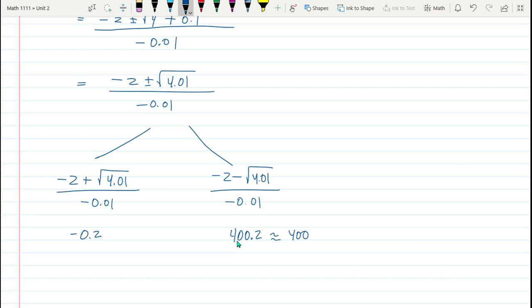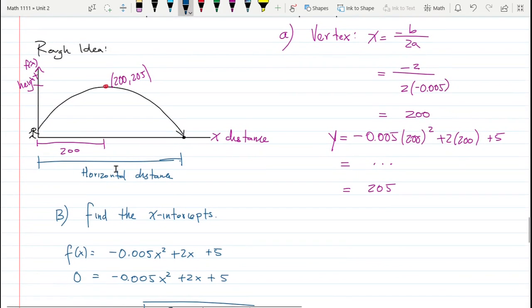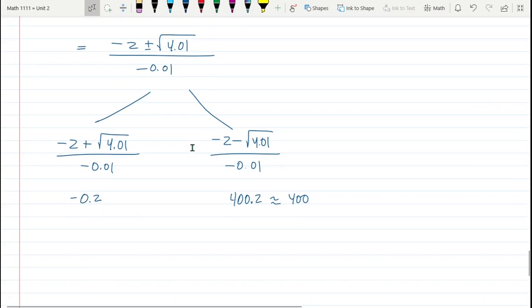And only one answer makes sense, right? Because the arrow cannot be at a negative distance, right? The arrow is not falling behind you, it's falling in front of you, right? The arrow is not falling here, it is falling right over here. So that's why I wanted to keep that number there so that you can see, but this is the right answer.